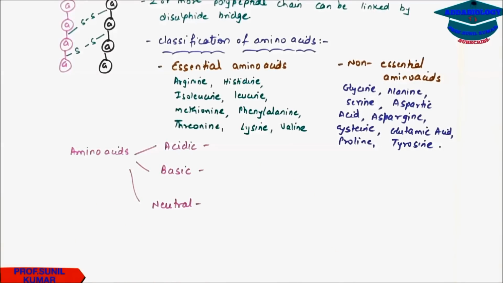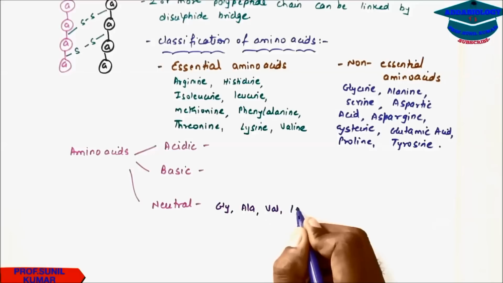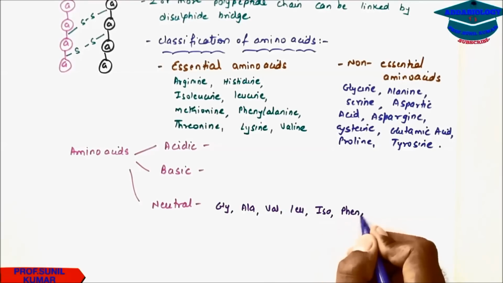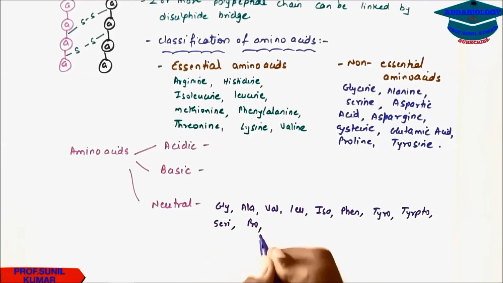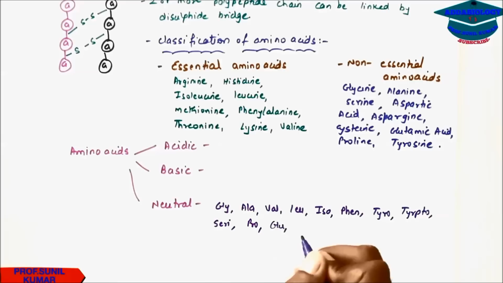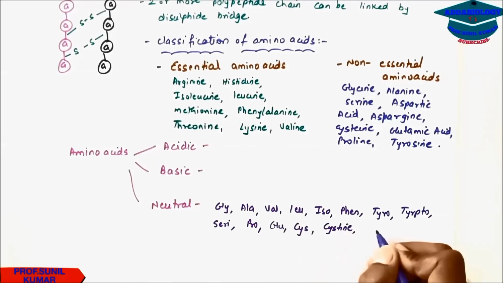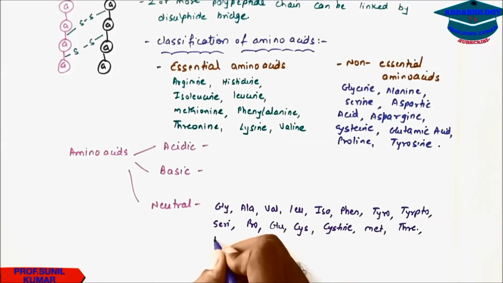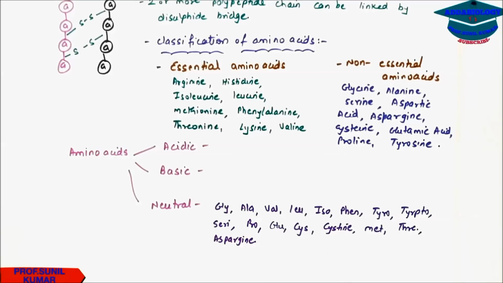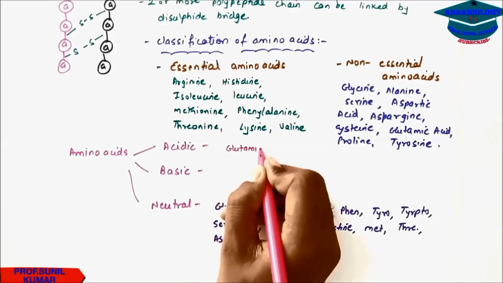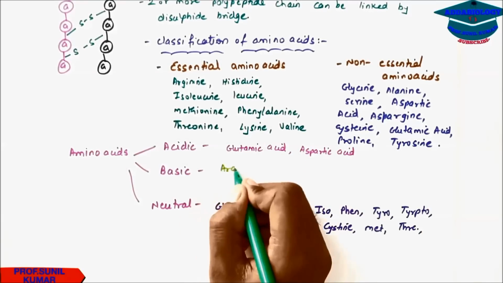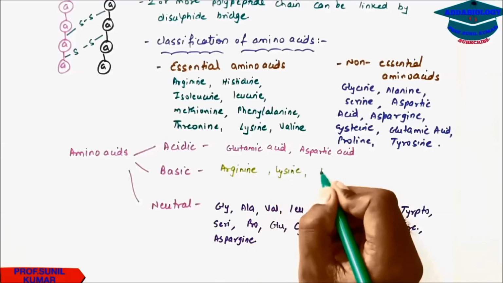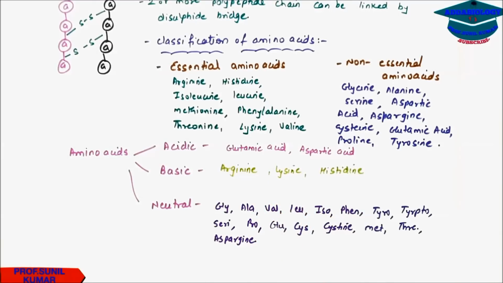Let's first see the neutral amino acids: glycine, alanine, valine, leucine, isoleucine, phenylalanine, tyrosine, tryptophan, serine, proline, glutamic acid, cysteine, methionine, threonine, asparagine. The acidic amino acids are glutamic acid and aspartic acid. The basic amino acids are arginine, lysine, and histidine. So if we remember acidic and basic, the rest are all neutral.